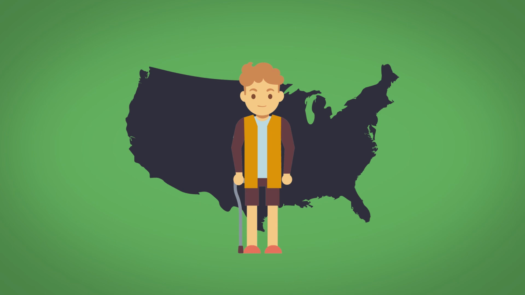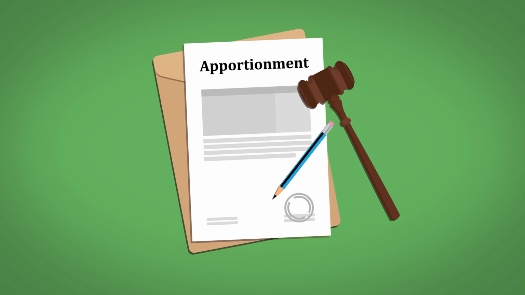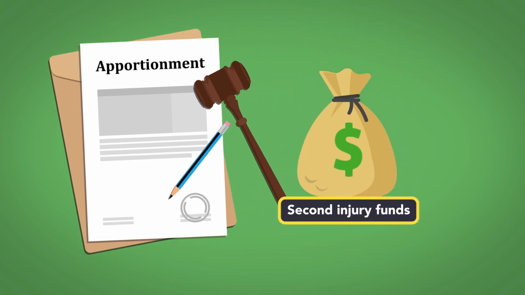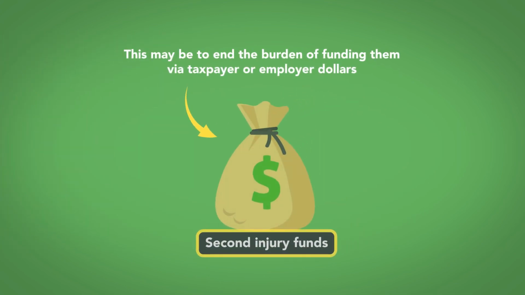However, the growing modern trend has been toward apportionment. Although a large number of states still have second or subsequent injury funds, in recent years, many states have ended or moved to phase out such funds. This may be to end the burden of funding them via taxpayer or employer dollars.